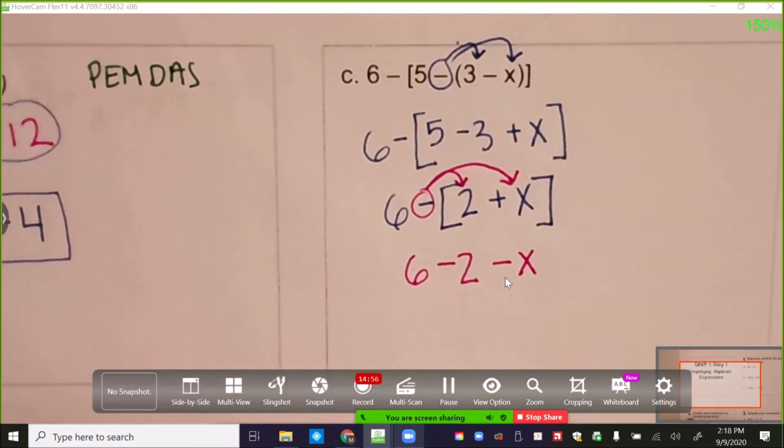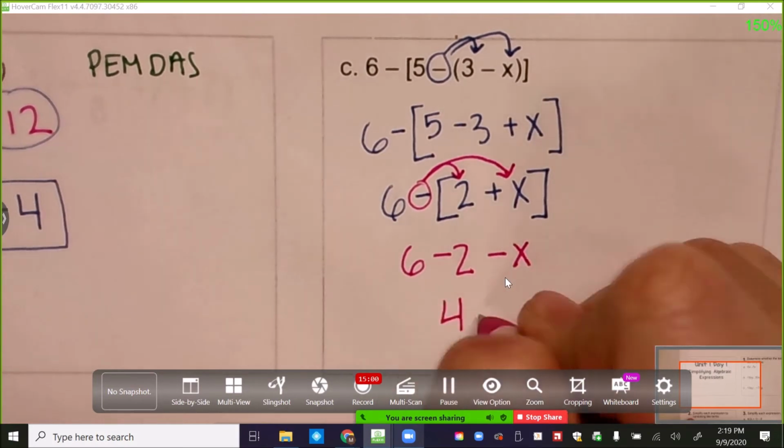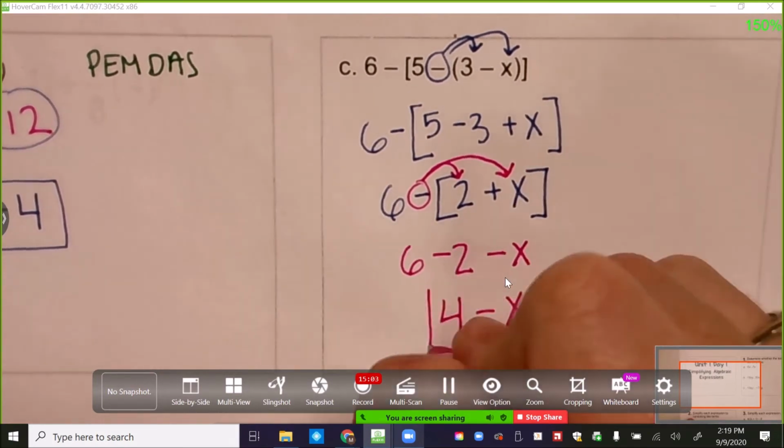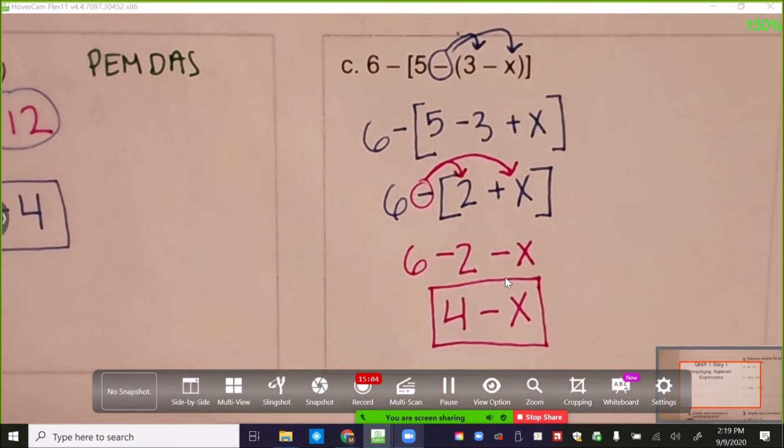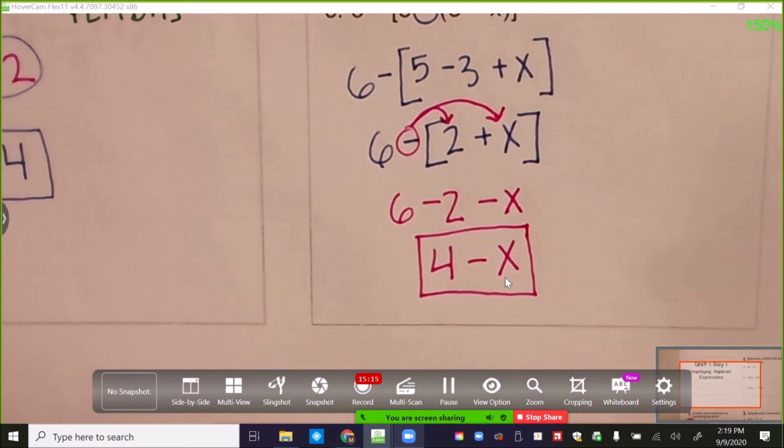What can we combine? Which gives us? Now, if I wanted to write this in proper form, that means my variable comes first. What would that look like? We're not going to do all that yet, but just putting it in order.